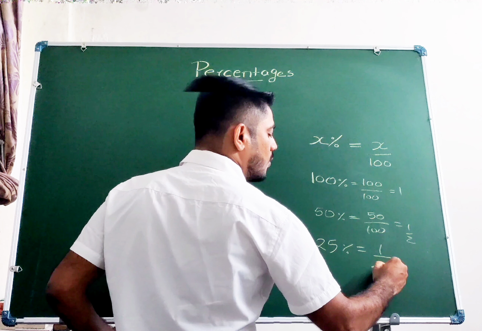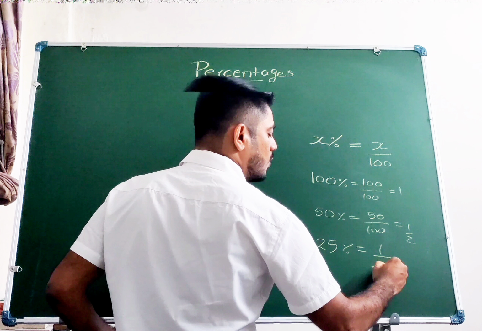In this way, we have to remember some very basic percentage to ratio conversions. I'm just writing it down so that you can refer to it. So we must be well aware of these standard percentages and the ratio form, and then we are ready to start with the calculation part.